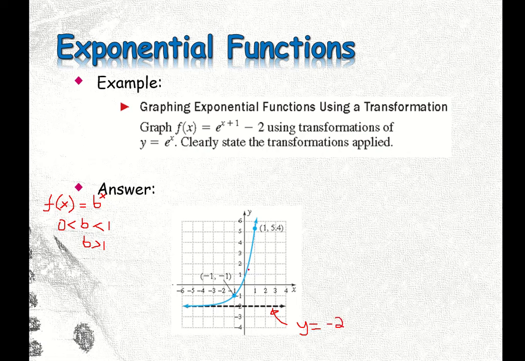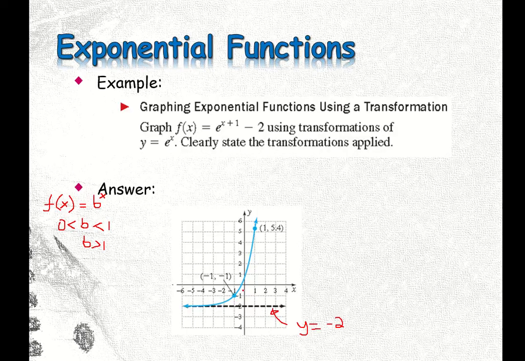And look at the point where there's a y-intercept. Since the graph is shifted down, look at the position of the intercept here. Originally, the y-intercept is at 0 and 1, right?